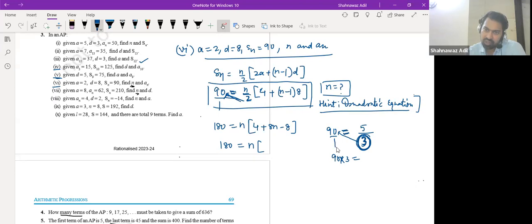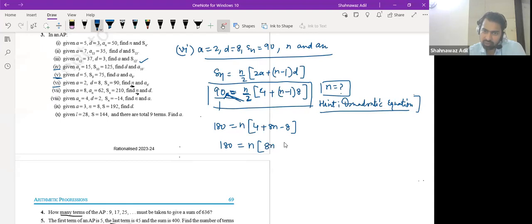Now this is not 90 by 2, right? Is this clear, Rifa? Yeah. So this is 90 into, so this would be multiplied.